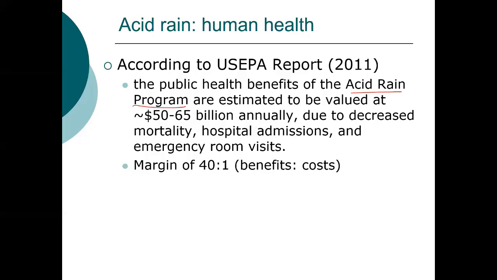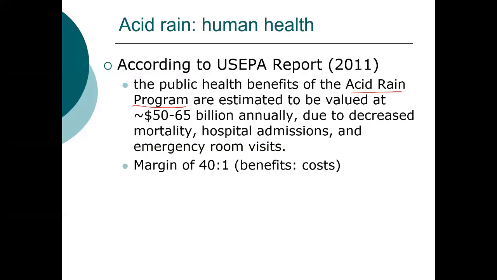We'll talk more about that when we get to the Clean Air Act, but the acid rain program was a cap and trade program that was developed to reduce the emissions of SO2 and NOx predominantly from industrial facilities and coal-fired power plants.